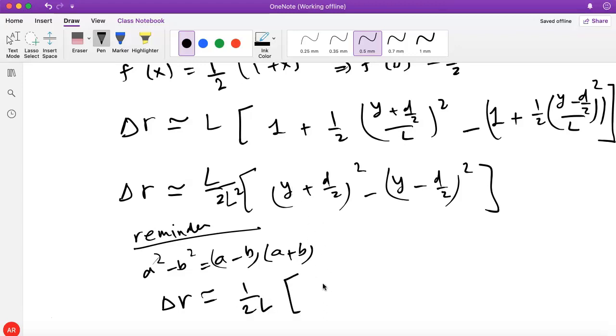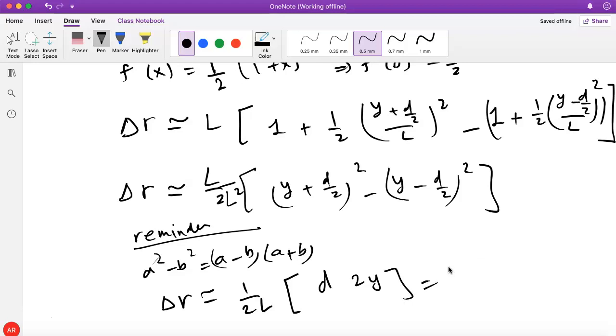The difference between these two things is, the y's cancel out, d over 2 minus minus d over 2 is d. And then their sum becomes 2y. So that's simplified significantly, right?